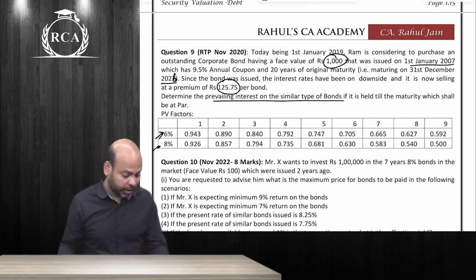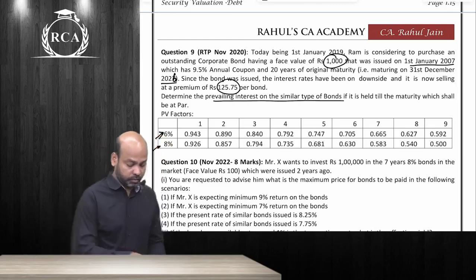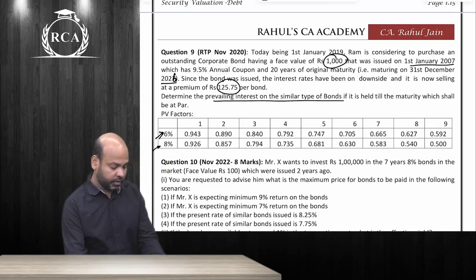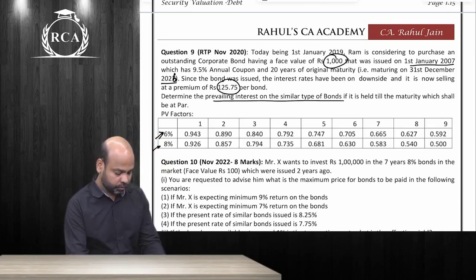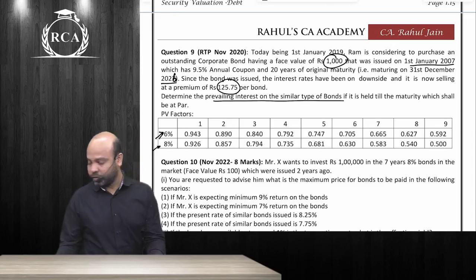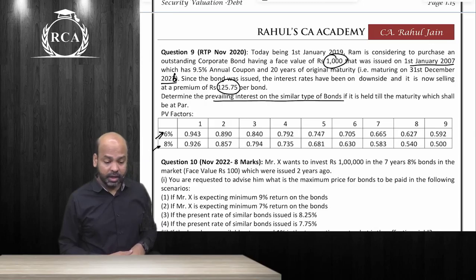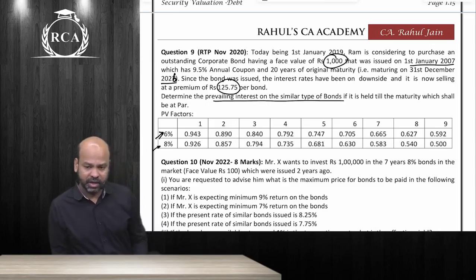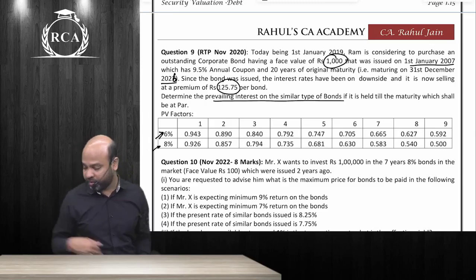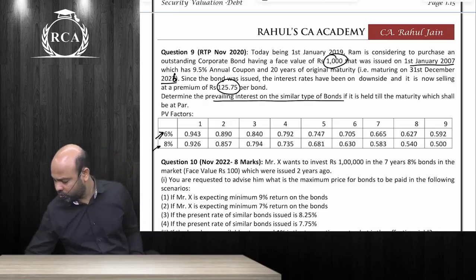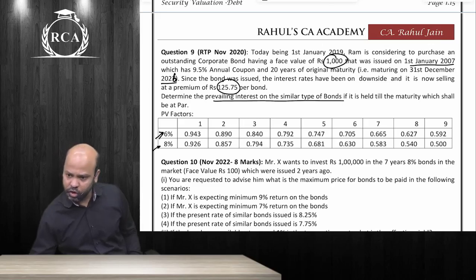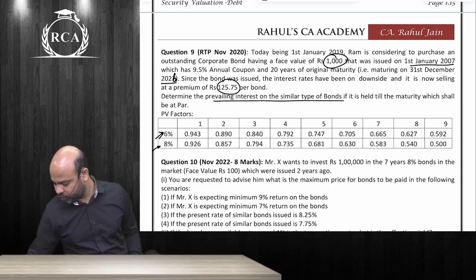As present value factors are given, the prevailing interest, that is yield, should be calculated using the YTM method, so using the IRR method.